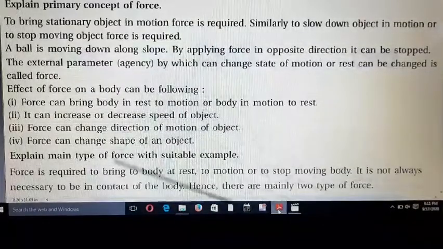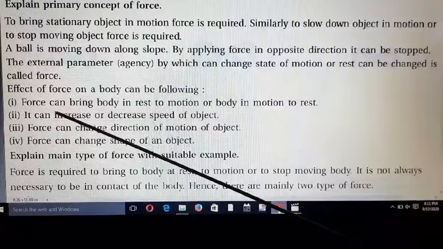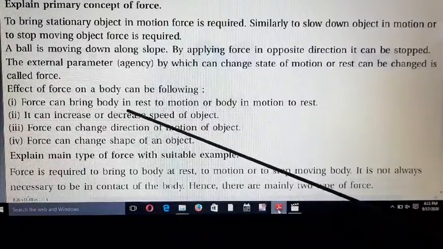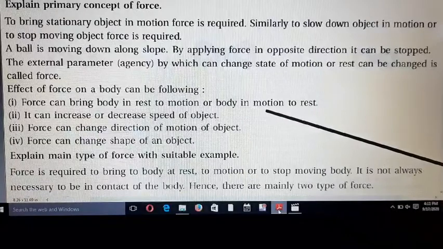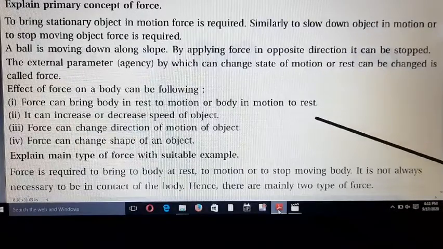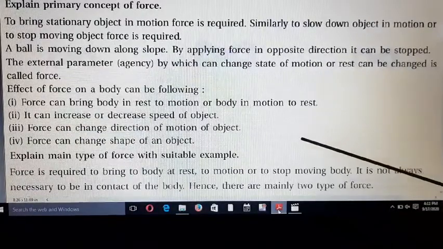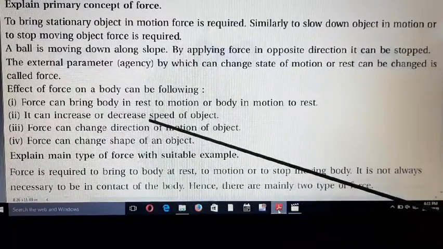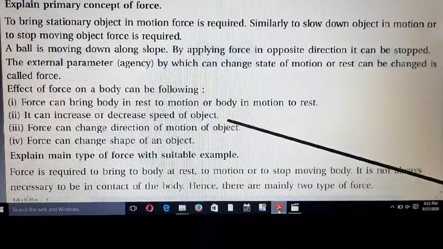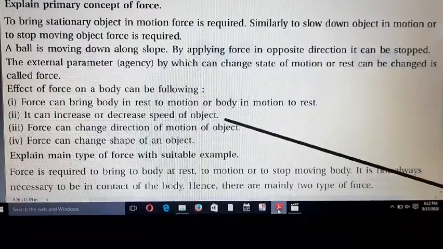Look here. First point. Force can bring a body from rest to motion or a body in motion to rest. Second, it can increase or decrease the speed of an object due to force.